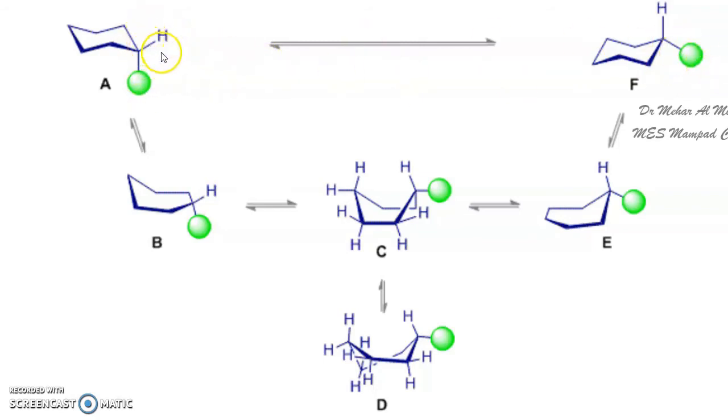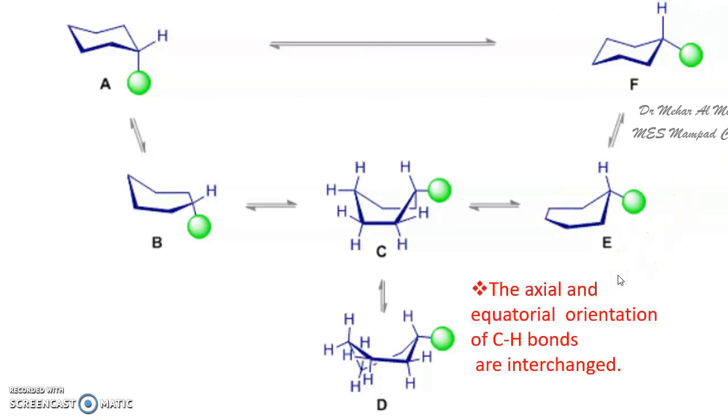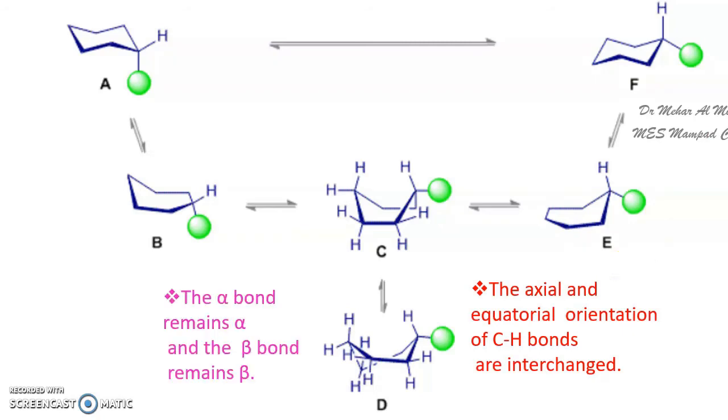And the equatorial bond on A and the axial bond on F, it is still beta, it is still above the plane. So during ring flipping, the axial bonds orient to the equatorial position, but the alpha or beta nature of the bond doesn't change. Whichever bonds were alpha will remain alpha. So that you must remember.